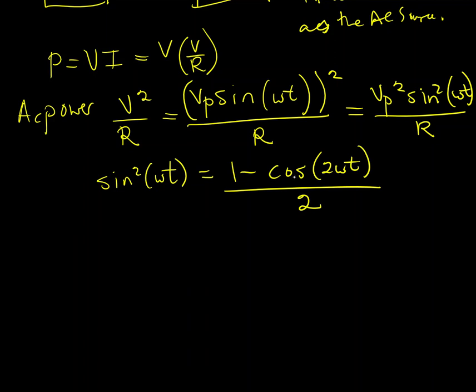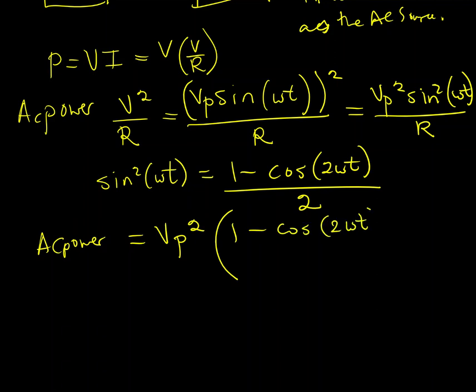So this identity effectively converts a sine squared into a cosine. The square is now gone. If I sub that in, my AC power is V peak squared times 1 minus cos 2 omega t over 2. Oh wait, I forgot my R.